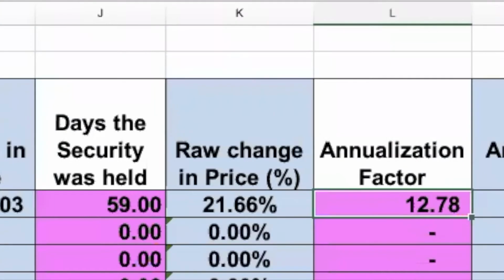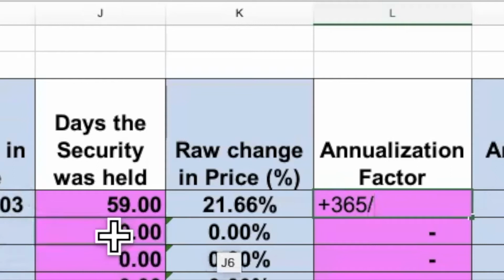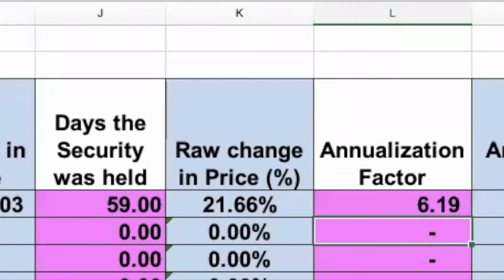The formula for that is going to be 365 divided by these 59 days. So our annualization factor is 6.19 times.